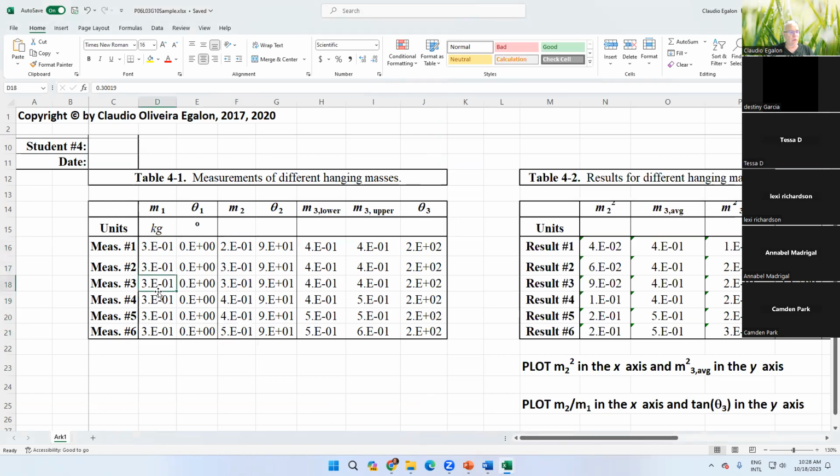Here's 300. Notice that the values are the same here. The angles are the same, 0 degrees. And what changes here is the mass number 2. The angle of 2 remains the same. Find the angle of the equilibrium force. And look also for the lower and upper values of M3. Every time we perform the experiment, we can find an upper and lower value for M3.